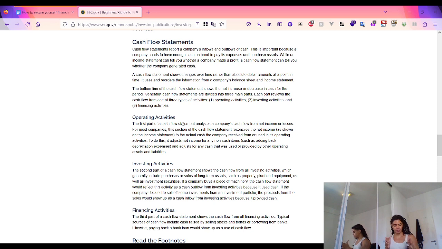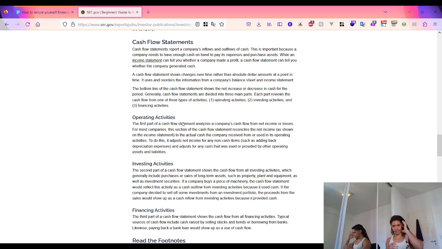Okay, so the cash flow statement shows change over time rather than absolute dollar amounts, and it reuses information from the company's income statement and balance sheet. So the bottom line of the cash flow statement is the net increase or decrease in cash for that period.